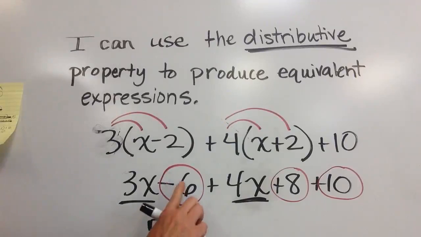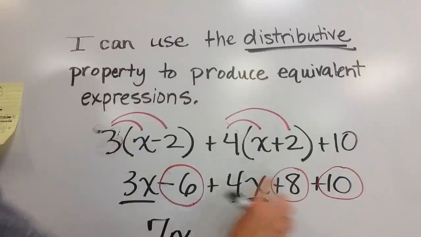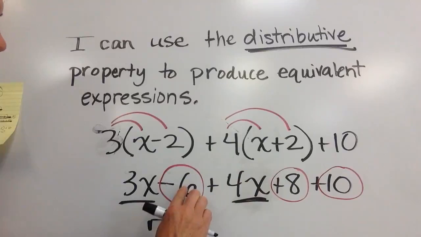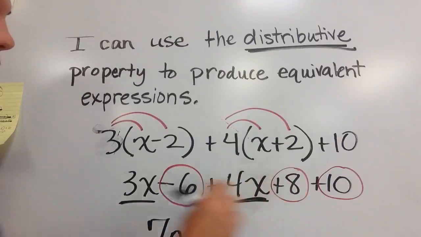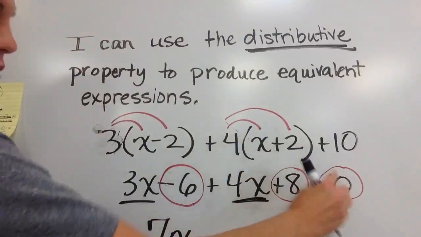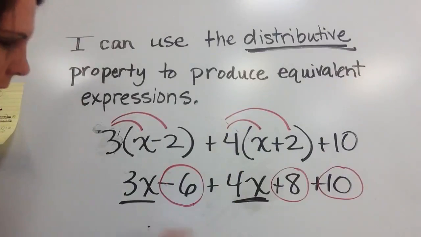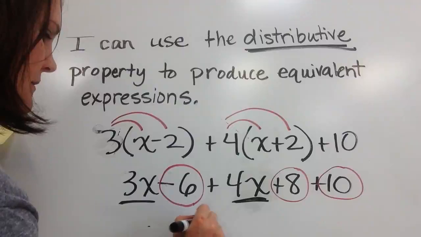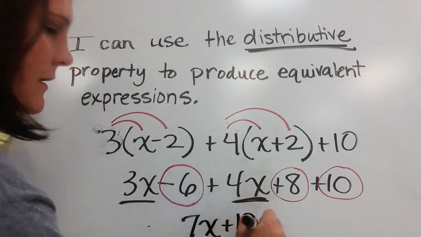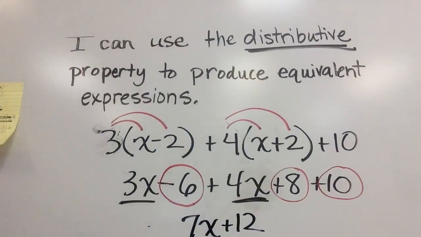So negative 6 plus a positive 8: my signs are different, so I'm going to subtract and use the sign of the larger one, which will give me a 2. And 2 plus 10 gives me 12. So 7x + 12 is my answer here.